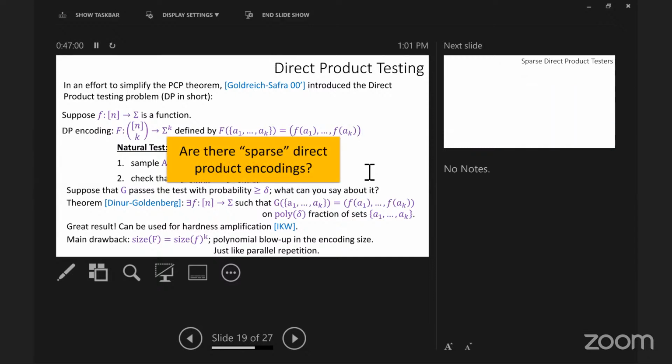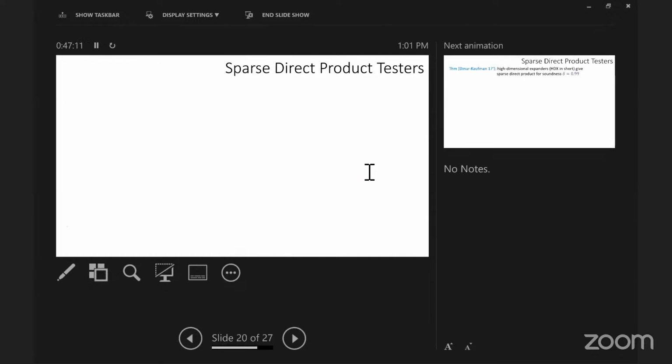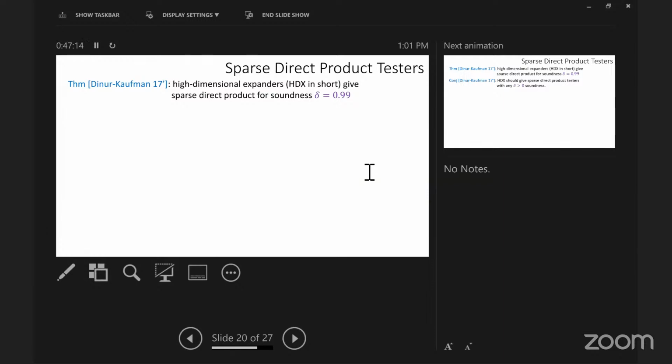Okay. So now we get to the question: are there sparse versions of this encoding that take less than a blow up to the k size? So I'm skipping a lot of works, but fast forwarding to 2017, where Dinur and Kaufman showed that if you look at high-dimensional expanders, then they do form sparse direct product tests, but only in the case that delta is close to 1.